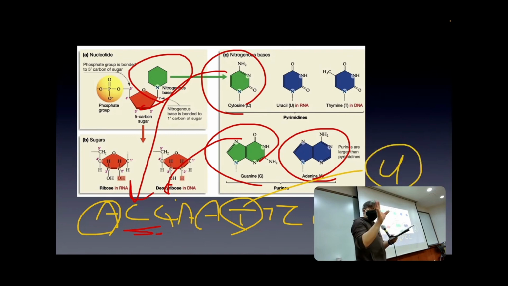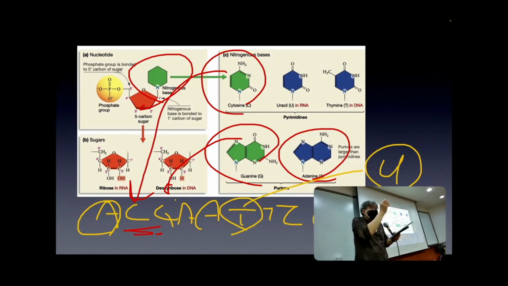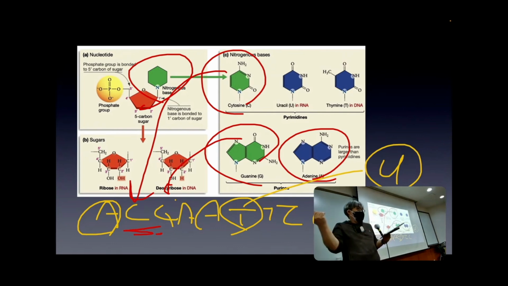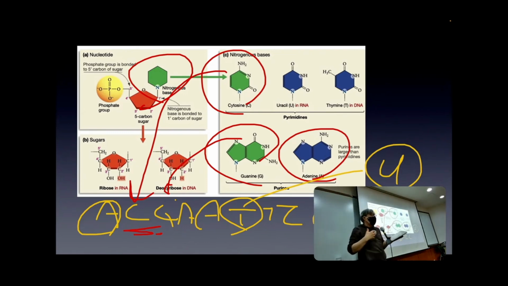U. That's it. So in all these sequences, if you see a U, then you immediately know, oh, this must be RNA. On the other hand, if you see T in the sequence, then you automatically know, oh, this must be a DNA sequence. That makes the difference. Okay.